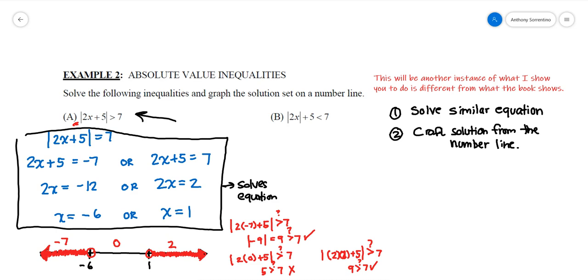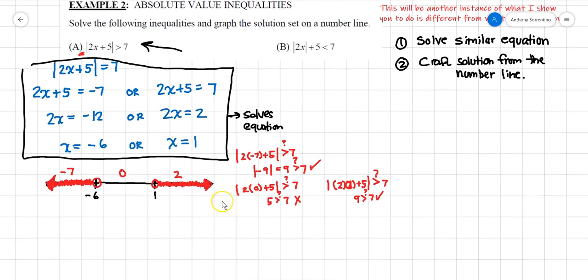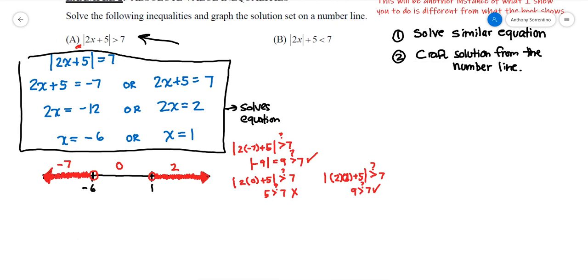So there is the answer to my inequality on the number line. So I use the number line to then state what the answer is. And if I state it in interval notation, my solution is all x's from negative infinity up to -7, without touching -7, or 2 to infinity.